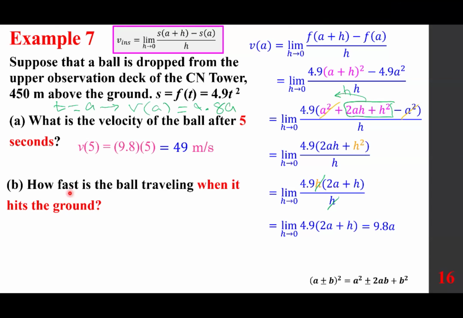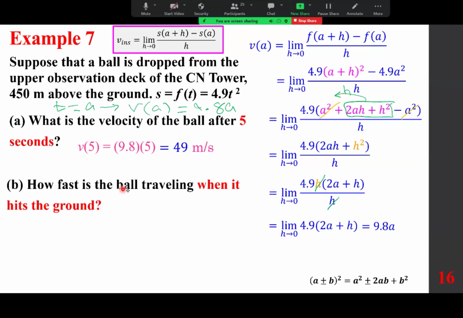What about here? How fast is the ball traveling when it hits the ground? We need to figure out the time when it hits the ground. The formula for f of t or s is 4.9 t squared. The distance that it's going to cover to hit the ground is 450.